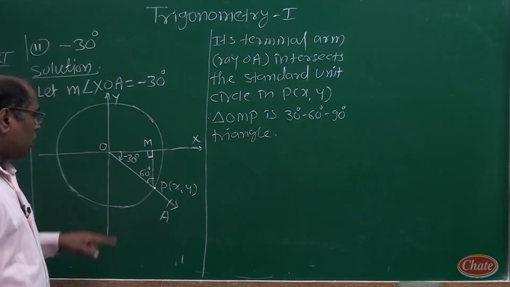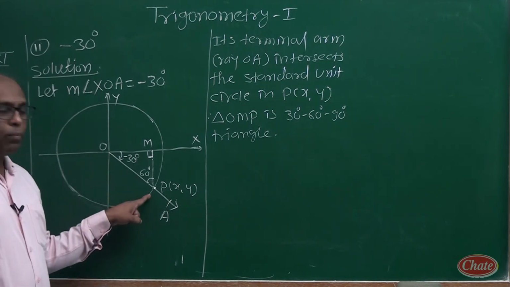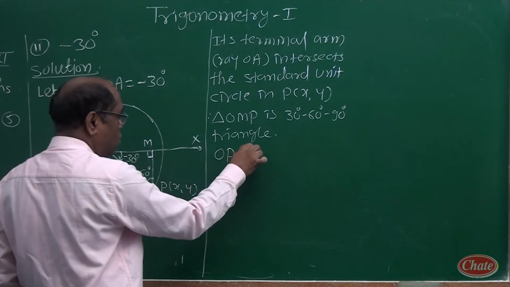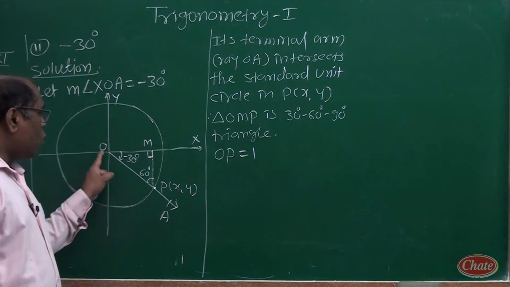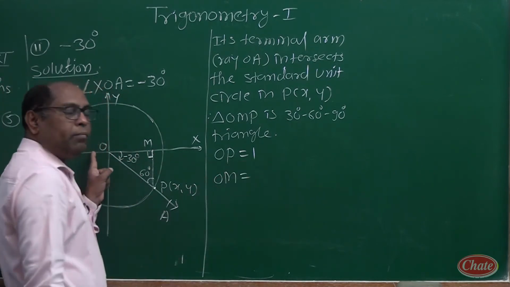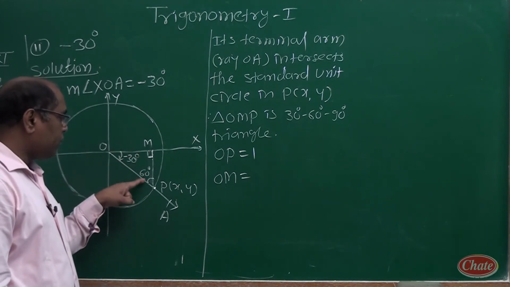Okay, now here OP is the radius of the standard unit circle, so OP is equal to 1. Now OM is the side opposite to 60 degree.